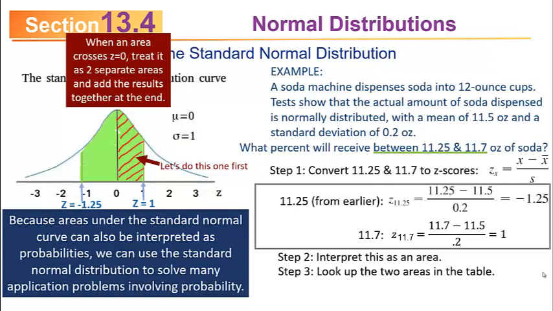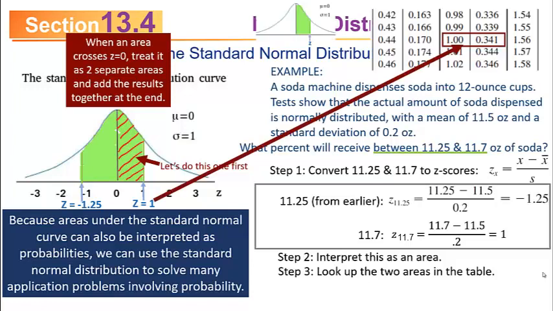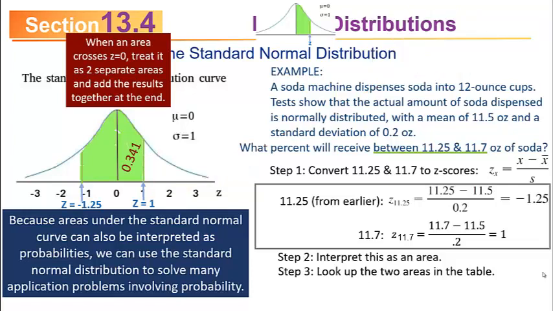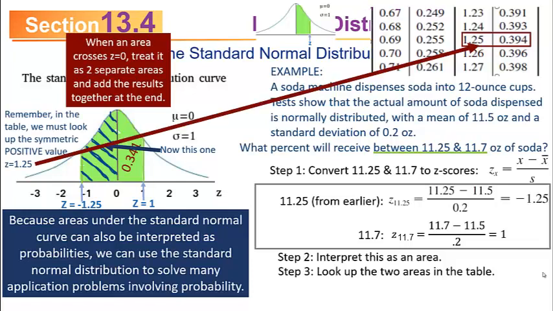That area can be looked up directly in the standard normal table by looking up z equal 1, and it comes out to be 0.341. Now let's go to the other side. The other area has a negative z value, but because of symmetry, we can look up the positive z value and the area will be the same. So if you go to the table and look up positive 1.25, you get 0.394.